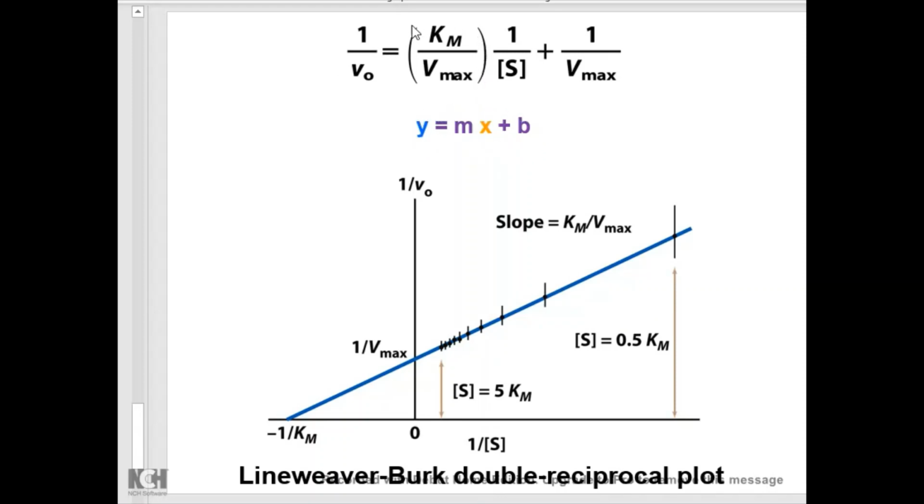So now we can find the parameters Km and Vmax. That's our goal, to find the parameters, because that is what is important. And the way we find them is: inverse Vmax is the intercept with the y-axis, and inverse and negative Km is our intercept with the x-axis, right?